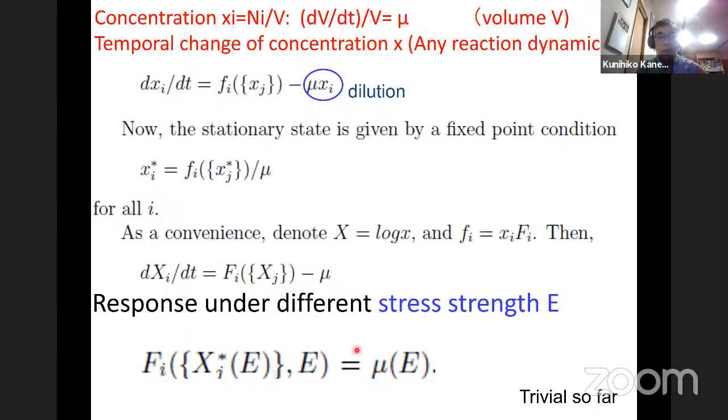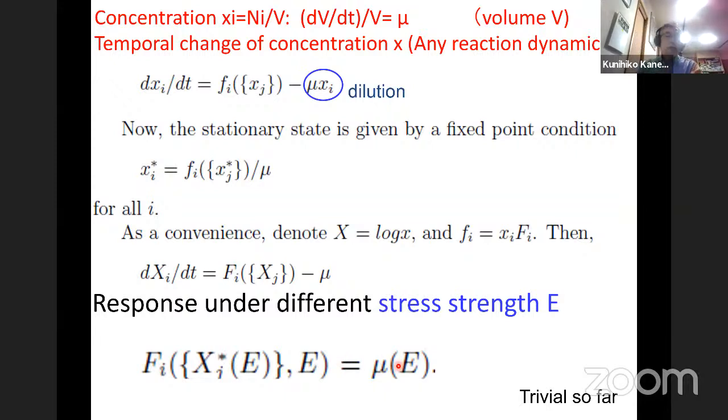So here F_1 equals mu, F_2 equals mu, and mu is identical across all components. Of course, mu can change upon the environmental condition E, for example a stress strength. So by changing E, this equation has to be satisfied, but mu can change.